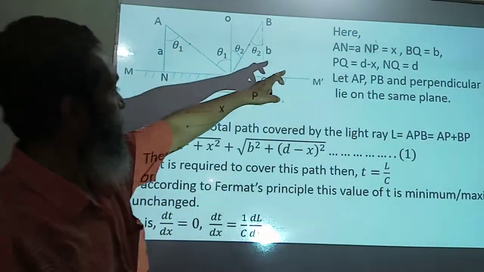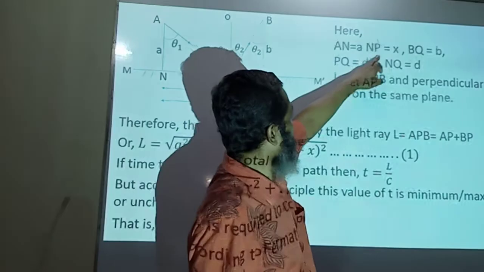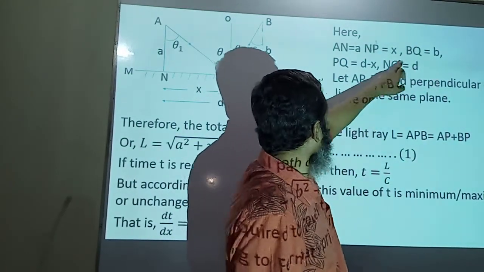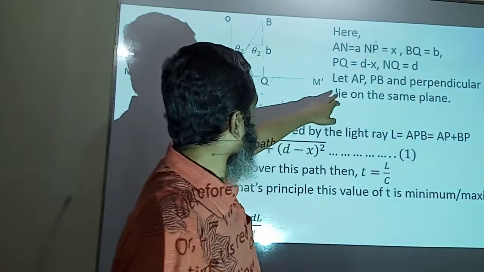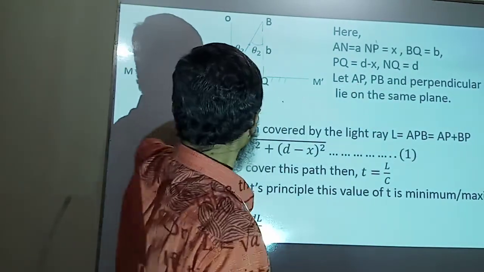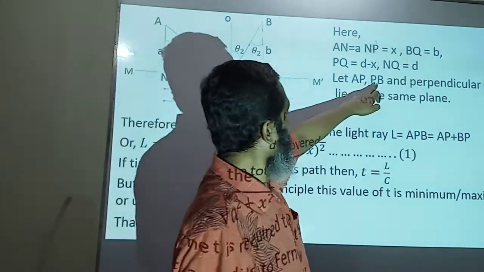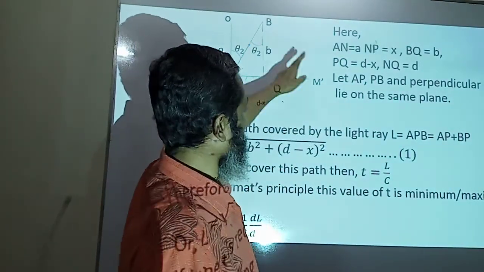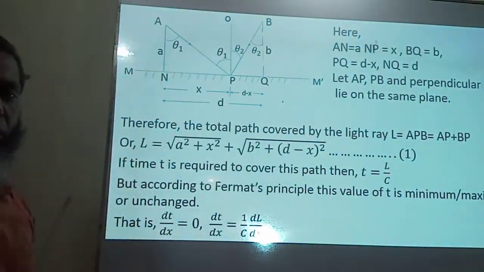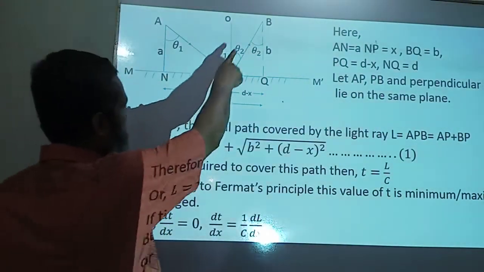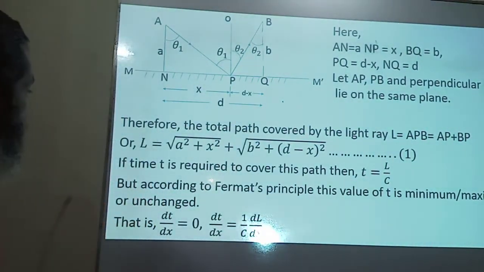AN is equal to a, NP is equal to x, PQ is equal to D minus x, NQ is equal to D. Let us consider that AP, the reflected ray PB, and the perpendicular OP lie on the same plane.